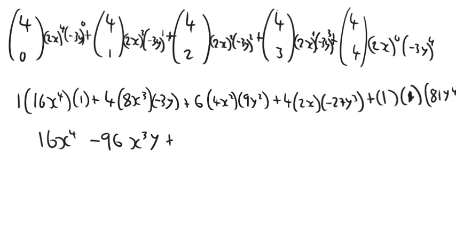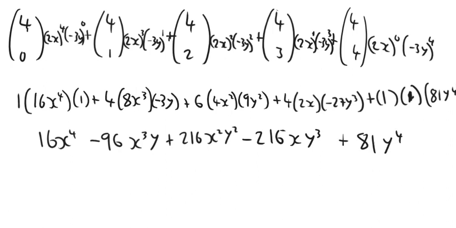So it's plus 216x squared y squared. I need to do 4 times 2 times minus 27. So that's also minus 216xy cubed. And the last thing is just plus 81y to the power of 4.